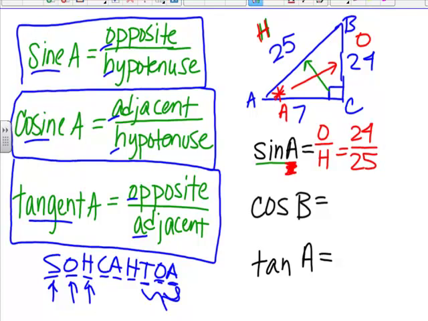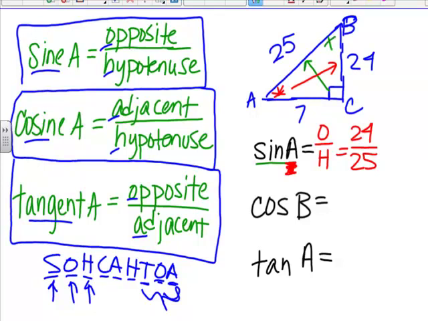Okay, next problem. Cosine of B. So now I need to change my orientation. I'm going to get rid of this temporarily, hopefully not erasing too much other stuff in the process. If I'm going to concentrate on B now, I'll use a different color.